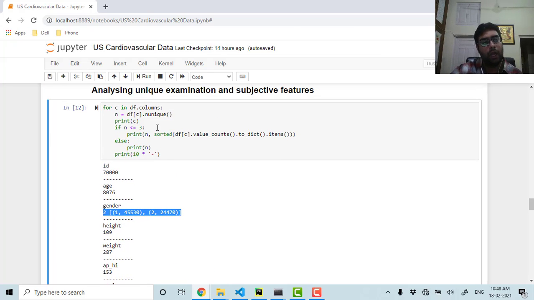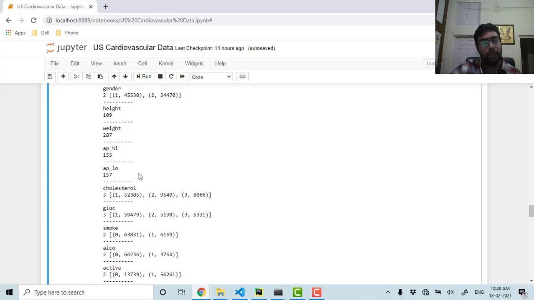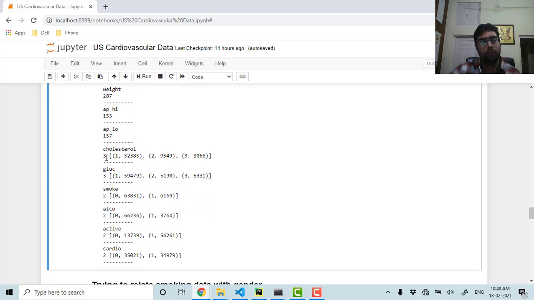What I did is I calculated the unique parameters of all the subjective features. Similarly, for cholesterol, we have a high number of people in category 1, which is good, but we also have around 8,000 people in category 3, which is in the danger zone. Similarly for glucose. For smoking, I can see that the maximum of them are not smoking.